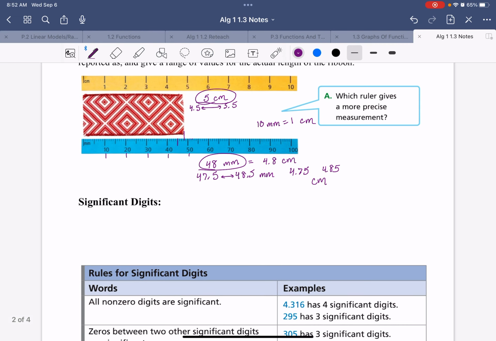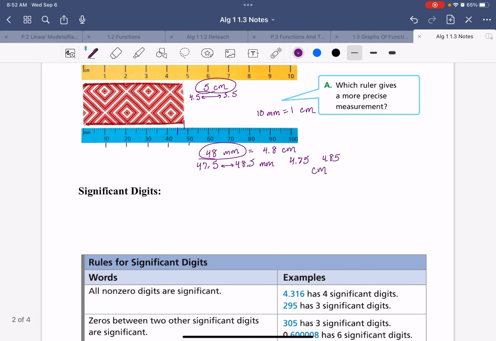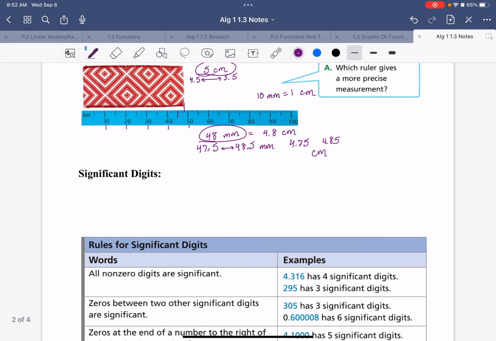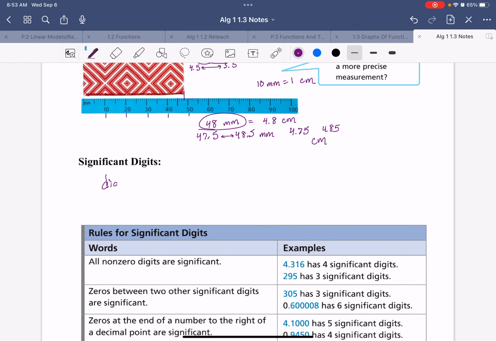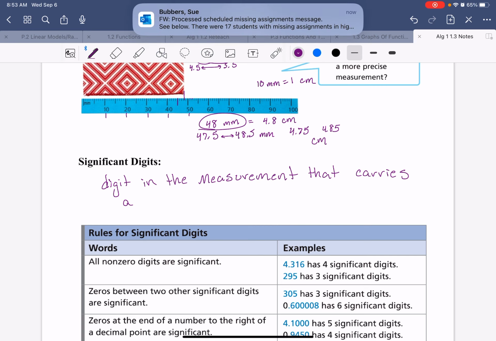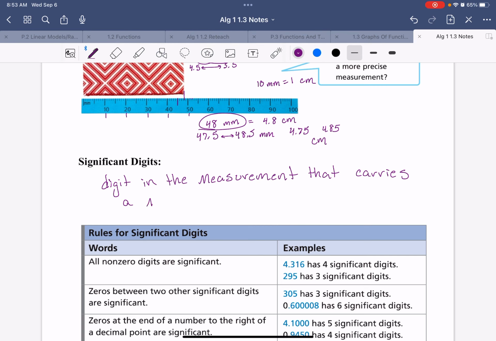Next, we're talking about significant digits, which is normally talked about in science. It also has that mathematic component to it. A significant digit is a digit in the measurement that carries meaning in terms of precision.